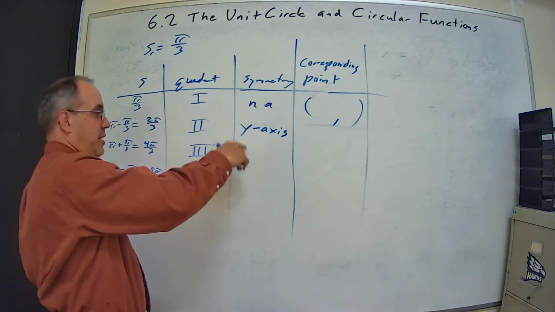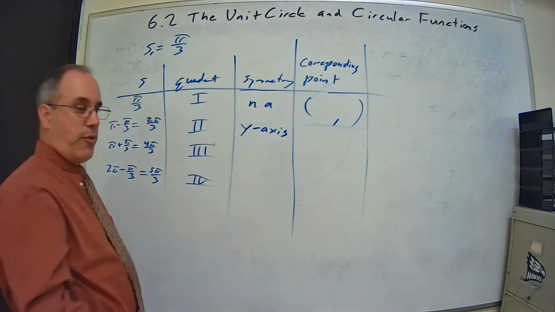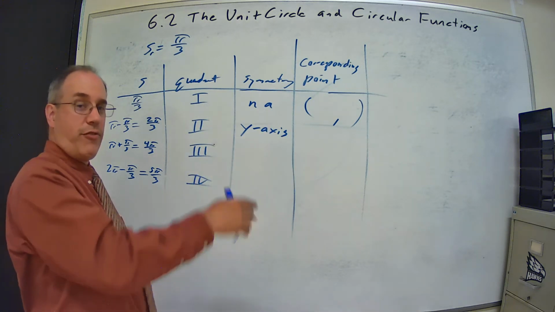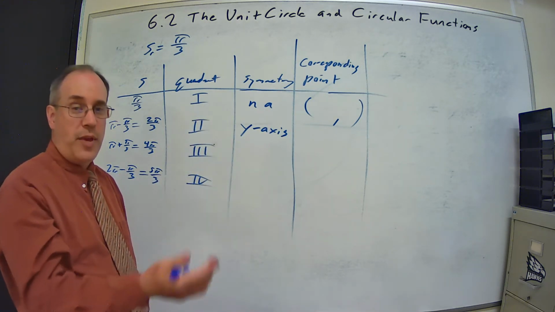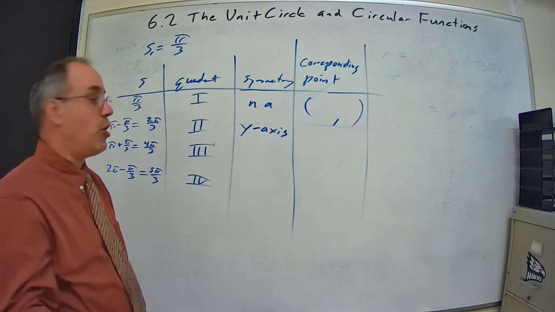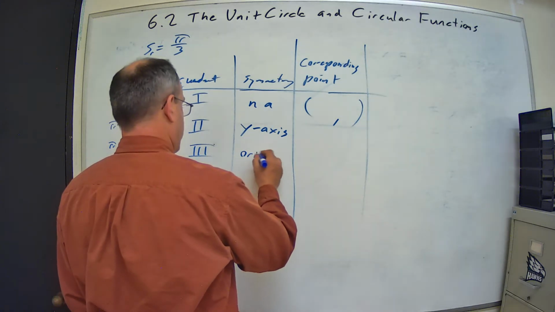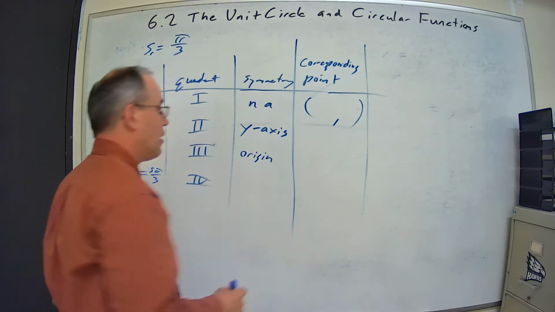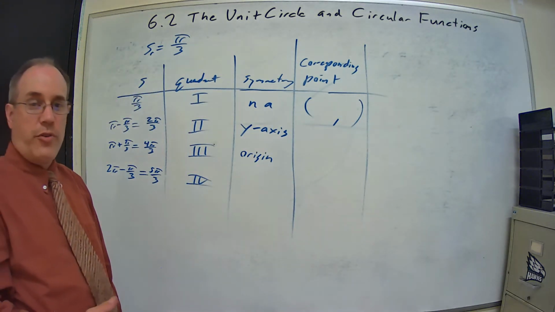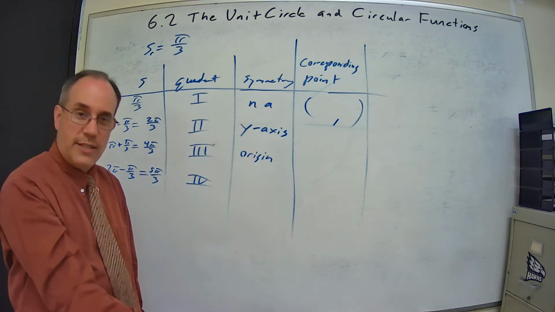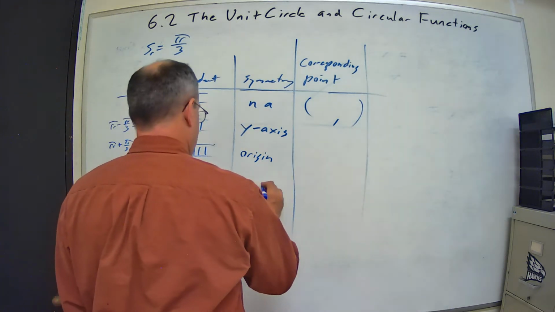Then, to get to the third quadrant, we're flipping it over the y-axis and flipping it over the x-axis, which is basically symmetric with respect to the origin. We're negating both x and y. And then the fourth quadrant, we're just flipping it over the x-axis, so it's symmetric with respect to the x-axis.